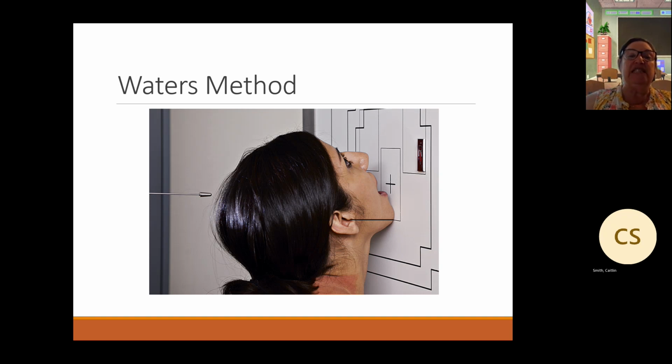So the chin is extended forward. The nose, they say, is about an inch and a half off the image receptor. The trouble is everyone's nose is a different size. So it's hard to go by that. You should always go by the MML. And then the central ray is going to exit the acanthion.